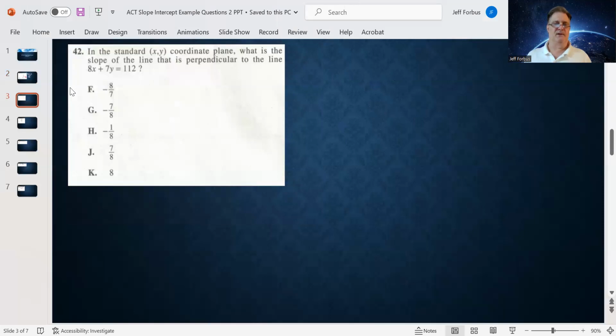Now, what is the slope of the line that is perpendicular to the line that's given? Okay. Remember, we're always thinking about slope-intercept form. So we're going to take our equation that we're given, and we're going to convert it into that format so we can identify the slope.